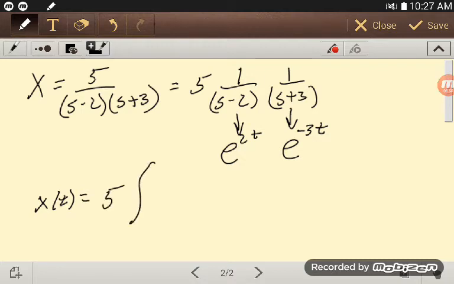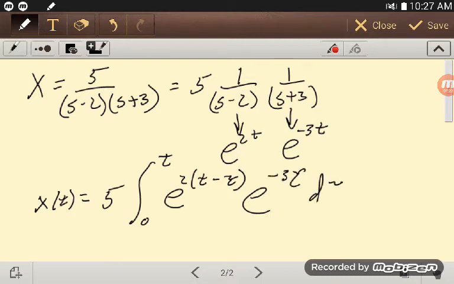then the integral from 0 to t of, I'll do the e to the 2t first, I guess, e to the 2 times t minus tau, in parentheses, e to the minus 3 tau d tau.